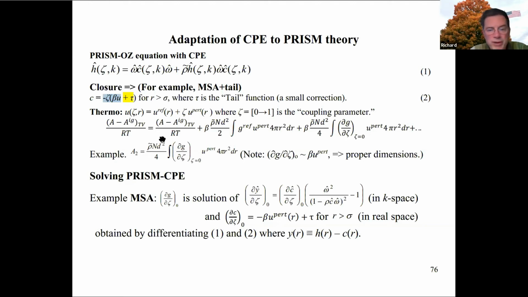Then we get our Helmholtz energy as we usually expect to see, in terms of these derivatives with respect to the coupling parameter, and we can have a rigorous result for how A2 is related to the outcome of this integral equation.